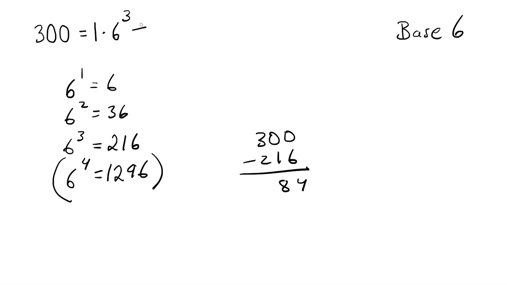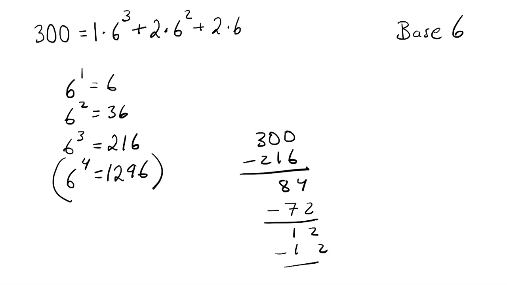So I can have 2 of 6 to the power 2. And how much do I have left then? 12. And how many 6's, 6 to the power 1, can I fit into 12? It's 2, because 2 times 6 is 12. And then I don't have anything left, so I don't have to add any singles.